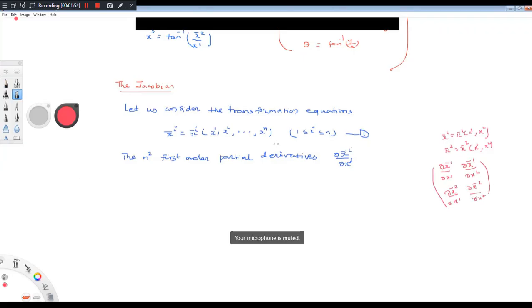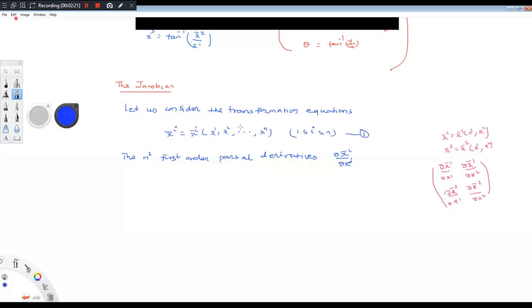For this transformation, n components are there, so there will be n such components. Del x bar 1 by del x1, del x bar 1 by del x2, etc., up to del x bar 1 by del xn, and similarly for x bar 2. If you put it in the form of a matrix, you will have a matrix having n square components. That's the idea.